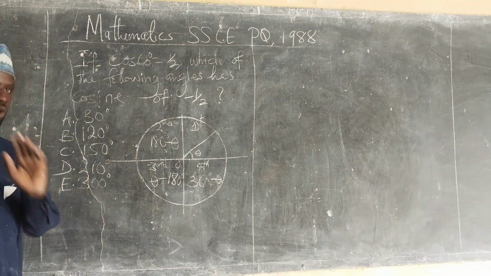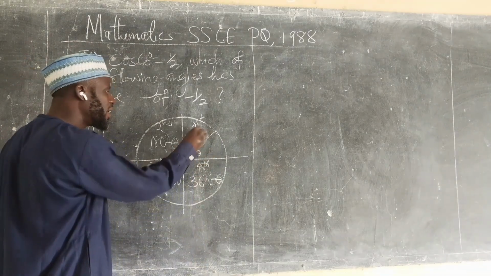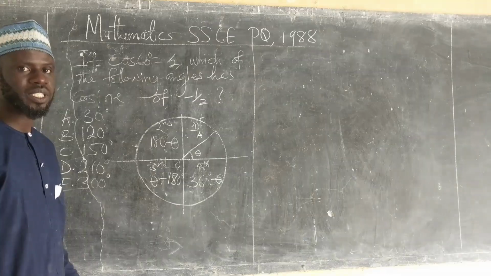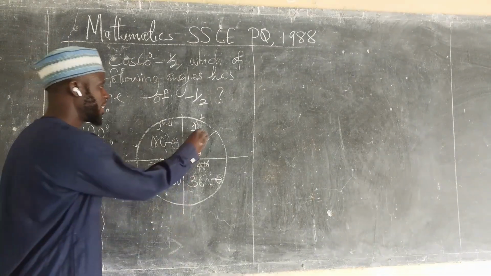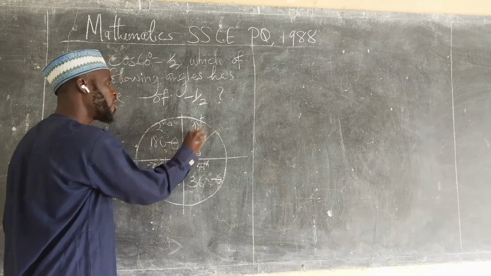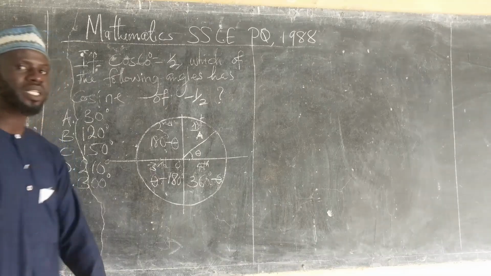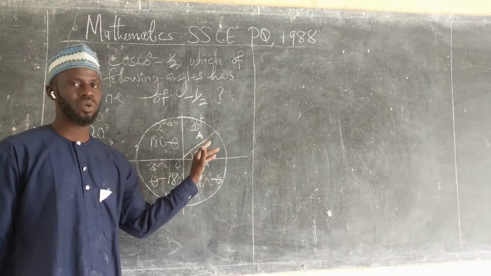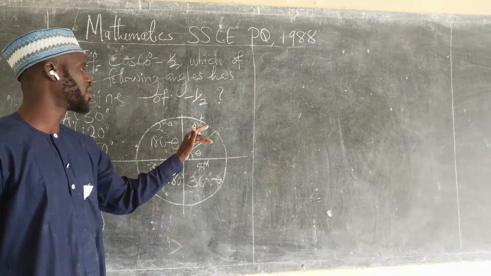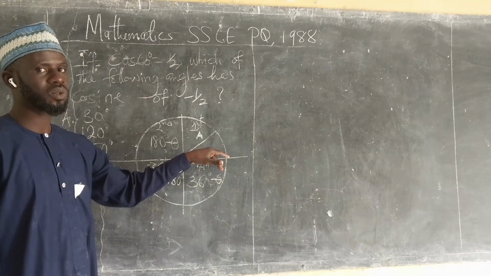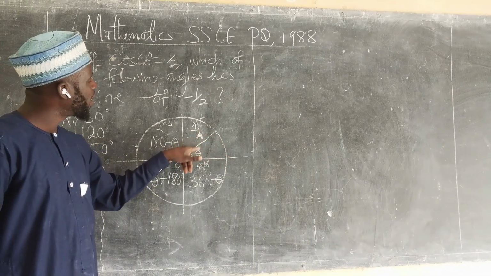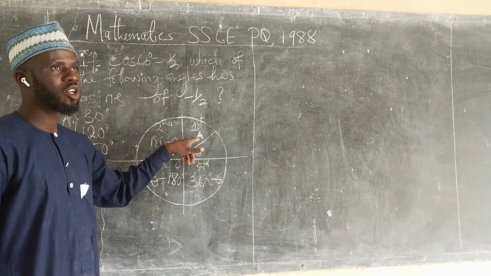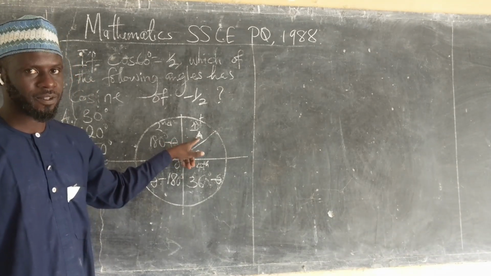We have to take note that all angles in the first quadrant are positive. Whenever an angle theta is acute, its reference angle is theta, equal to itself, and all its trigonometric ratios are positive.